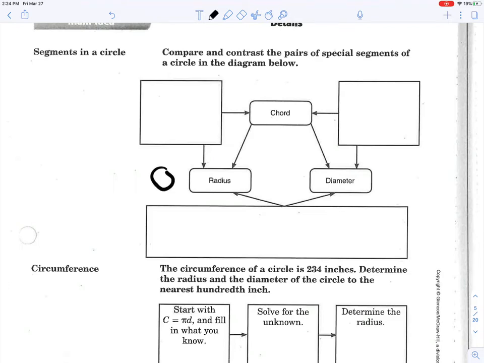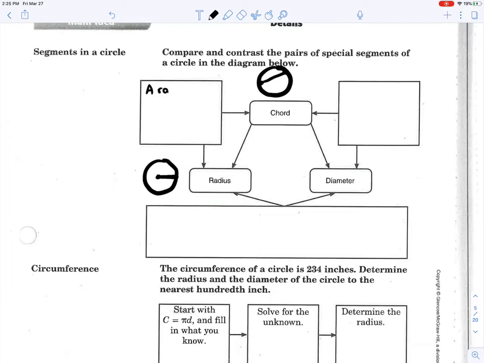Well, first of all, we said a radius goes from the center of the circle to the edge, and a chord goes from one side of the circle to the other. So they're not related, other than the fact that they both have at least one endpoint on the circle.